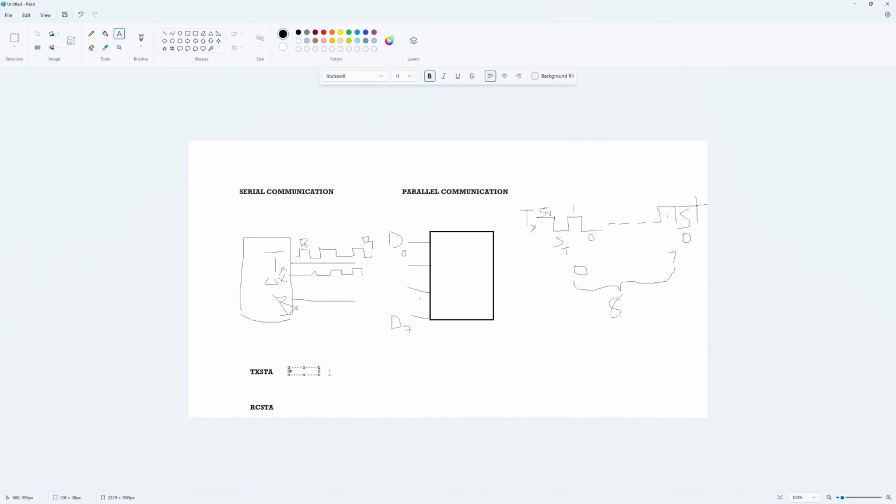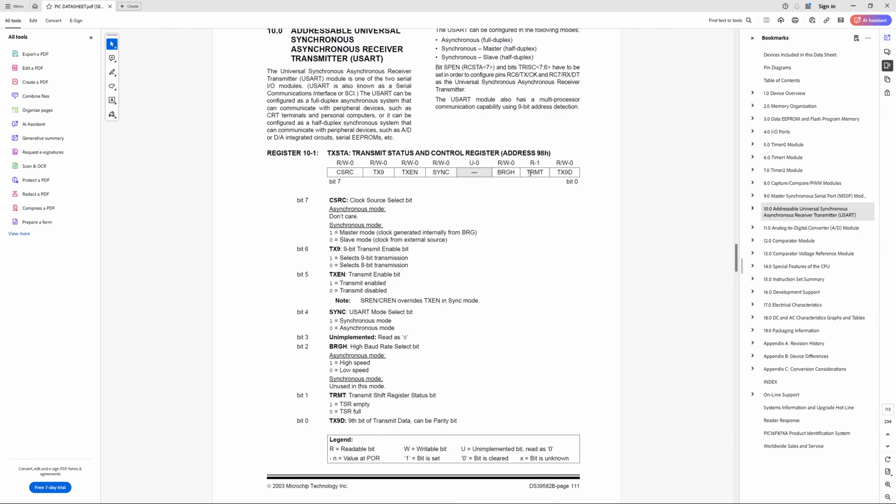Okay. Now TRMT, transmit shift register status bit. Whenever you see a name or term called status, you need to know it is a monitoring flag. Monitoring flag means there won't be any effect if you write something over there.